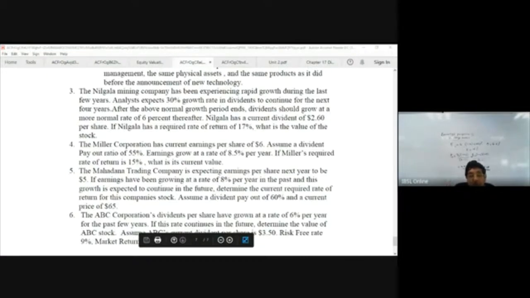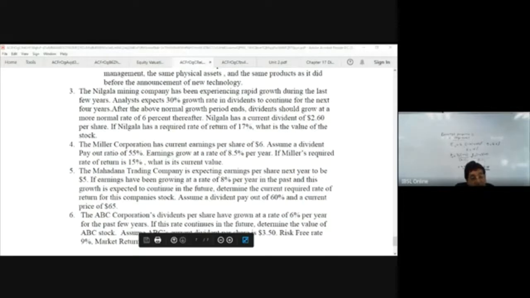So 5 into 60%, that is 3. Dividend should be 3. Then if you go into the formula, P0 is equal to D1 divided by K minus G.